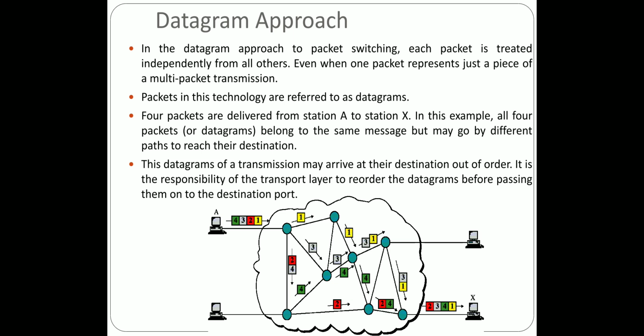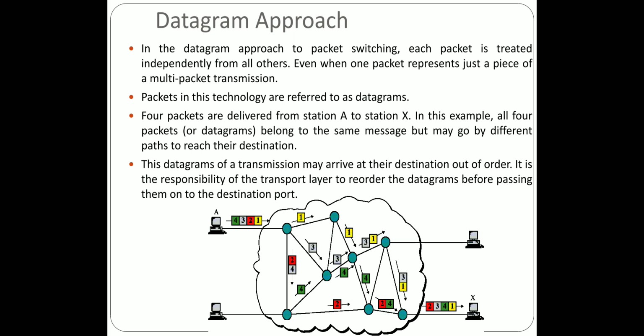But in the datagram approach, each packet is treated independently, and the packet is free to take different paths between the nodes in order to reach the destination. They don't have to follow a single path. As a result, the datagrams might be received out of order at the receiver.